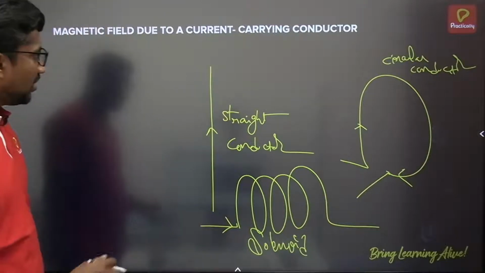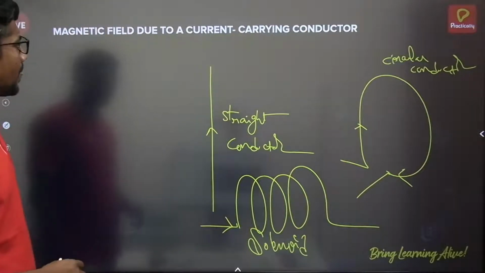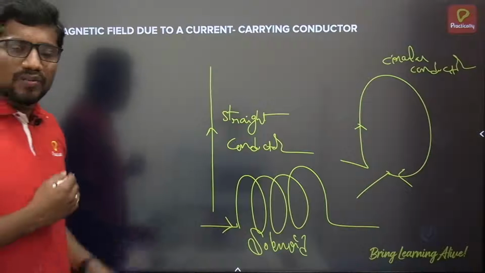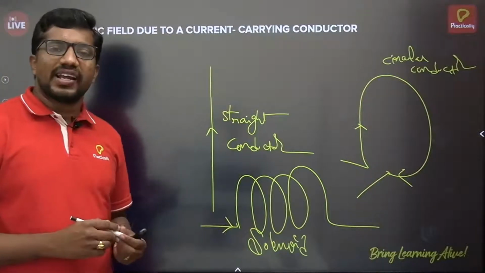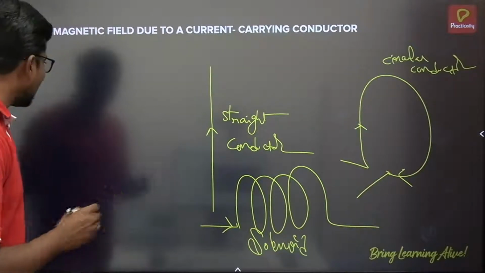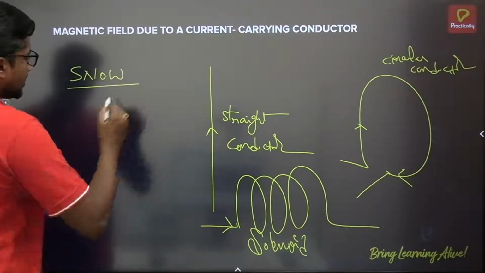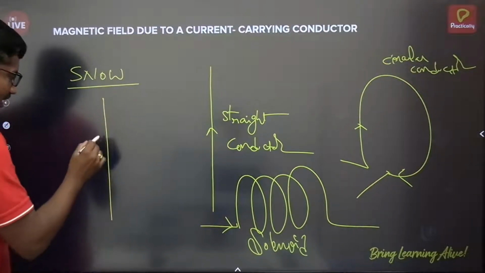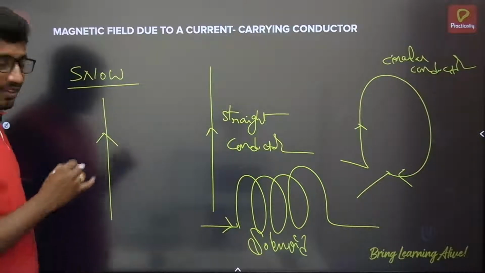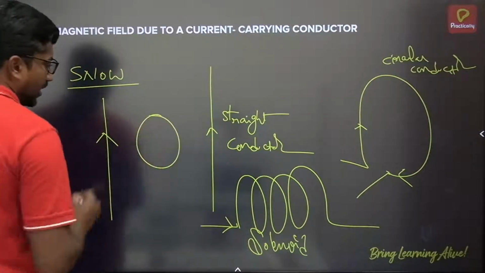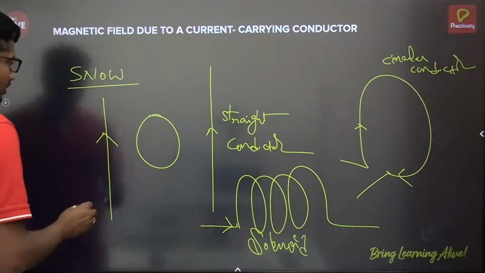Alright, here, to explain the direction of the deflection of the magnetic compass, we have a rule, that is Snow rule. What is this Snow rule? Suppose I take an electric conductor in which electric current flows, and take a compass.